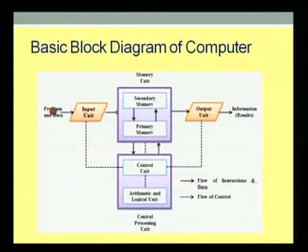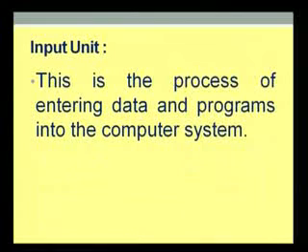How this process happens, let us see by an illustration. Here you can see this is the path. First of all it goes to the input unit. Now we will see all of the units in detail.